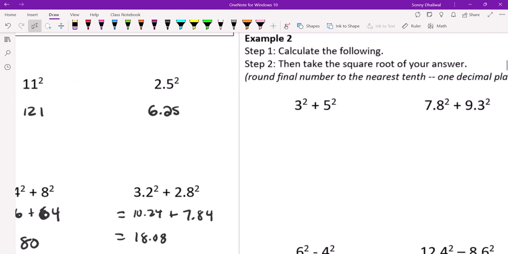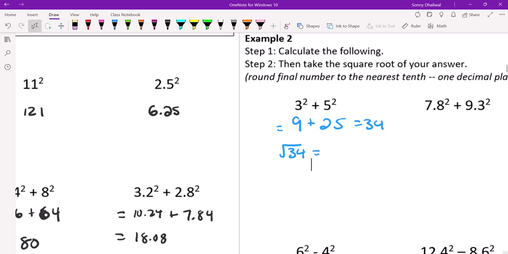Two steps. I want you to find the squares of each thing, add it together, then do the square root. For example, this would be 9 plus 25, which is equal to 34. So this is what I'm going to write down. Then I'm going to say the square root of 34, and then I get this number.